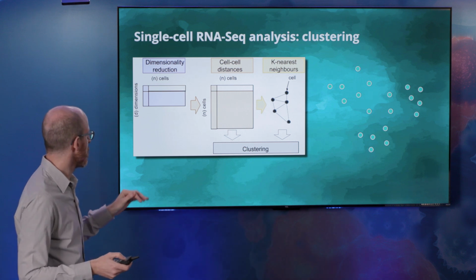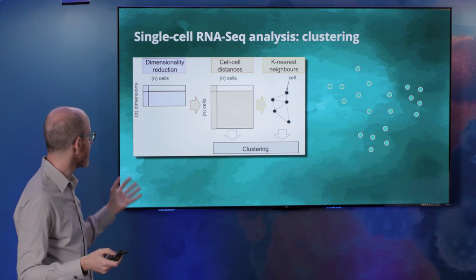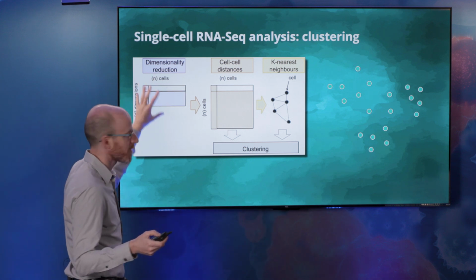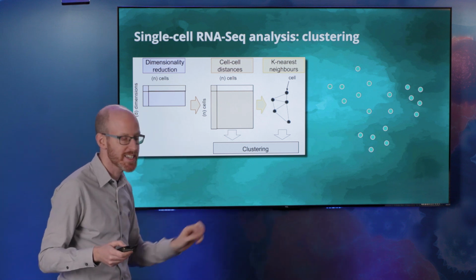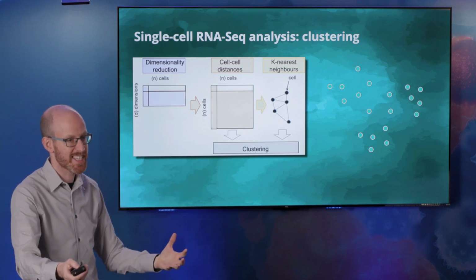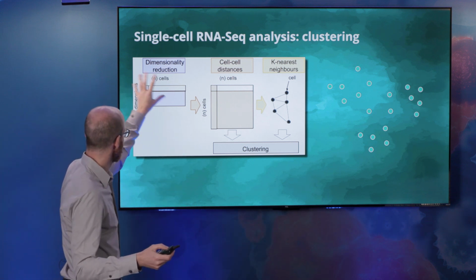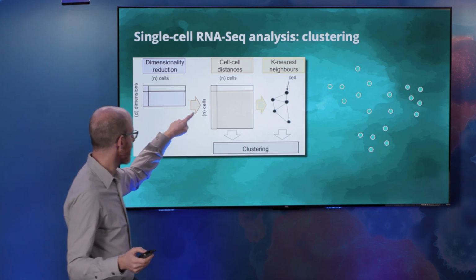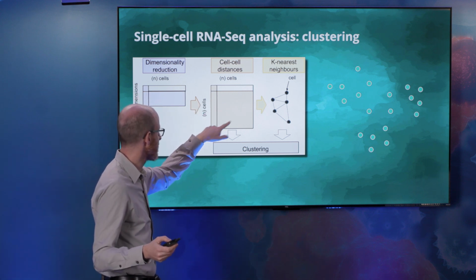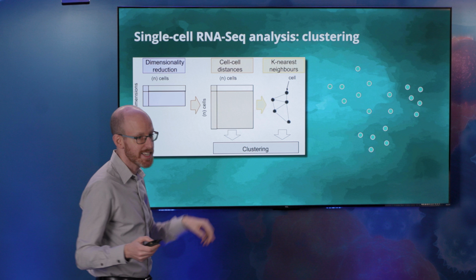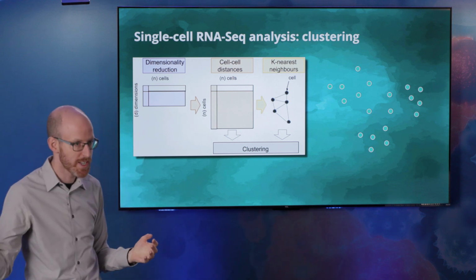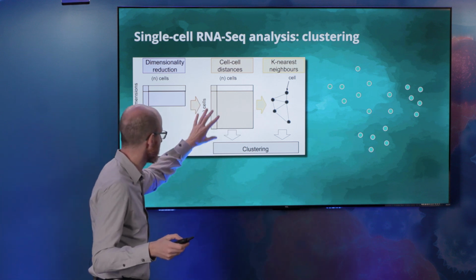So the last step in the analysis is we've done this dimensionality reduction using principal components analysis, and now we're going to do graph-based clustering. So we're in the principal component space, and we're going to calculate the distance between every pair of cells. This is the Euclidean distance between cell 1 and 2, cell 1 and 3, and so forth for every possible pair of cells.